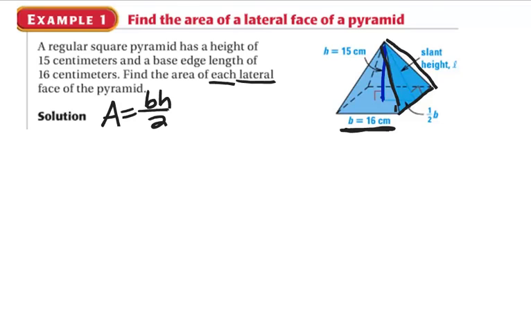And so the area of each lateral face is going to be, I'm going to draw in blue again, because what I need for the area of that triangle is the height of that triangle. If you look right here on the side, it's this height that goes up the side of that triangle. It's called the slant height. There it is, l, your slant height.